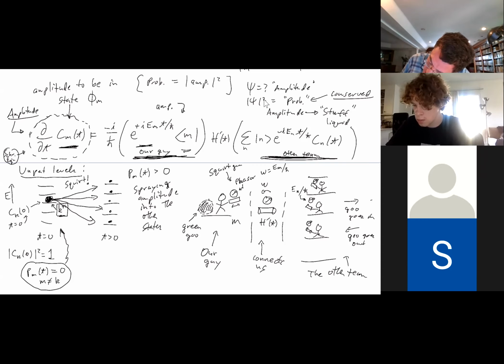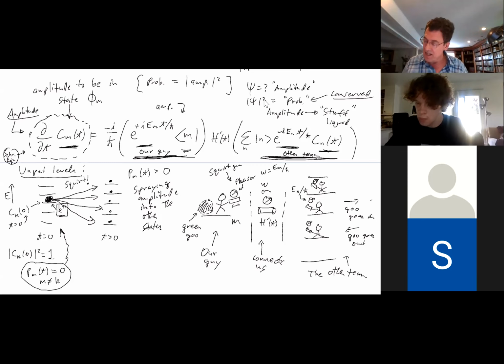See all the other guys, and each of them has a phaser here, and each of them has a little supply of goo also. So basically it's a food fight where the amplitude is being squirted between the two sides, and the phasers are controlling the direction of the amplitude as it sprays. The whole point is how much of the amplitude ends up with our guy.